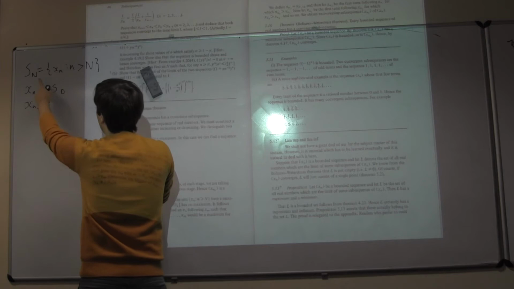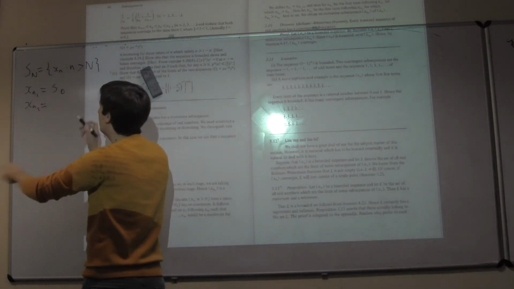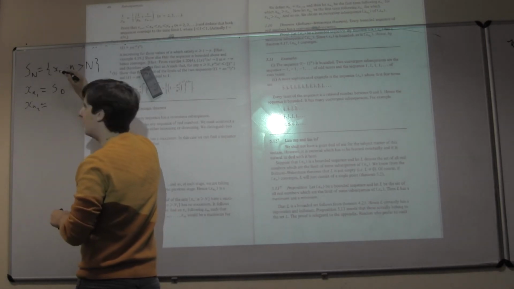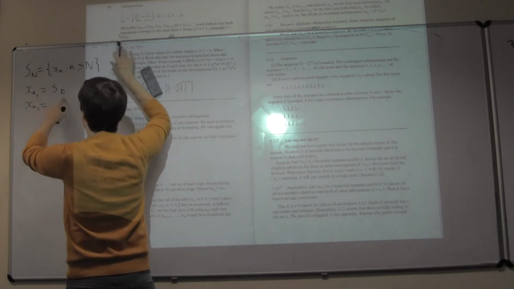So if we look at S of 0, that's the maximum of all elements apart from the first one, and it's going to be some element of the set. There's going to be some n which is equal to the maximum of that thing.